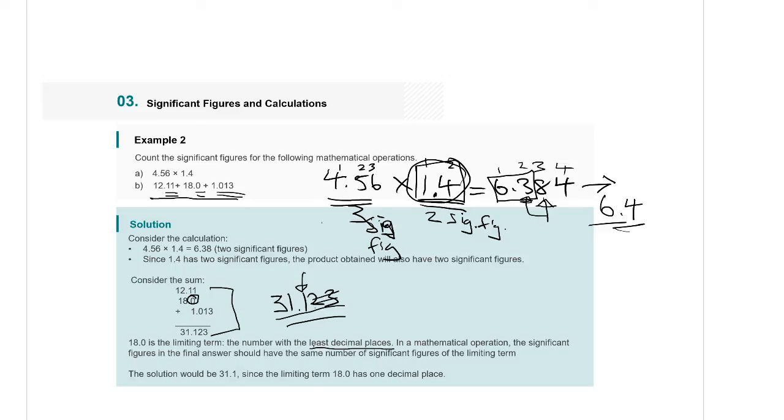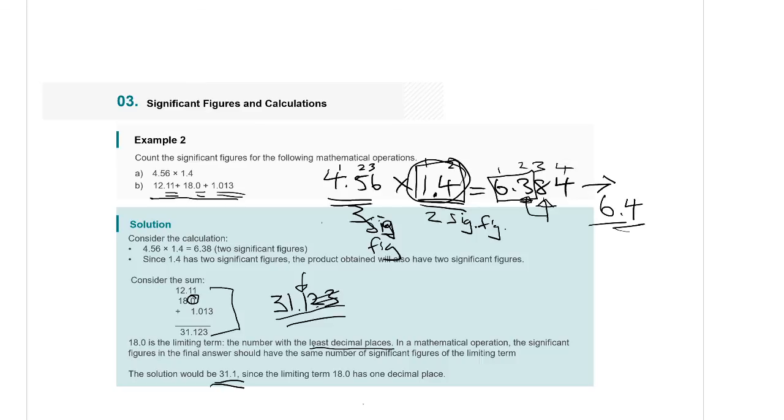Because we have a 2 behind the 0.1 there, and 2 is less than 5, we don't have to round up. So instead of showing the answer as 31.123, we show the answer as 31.1.